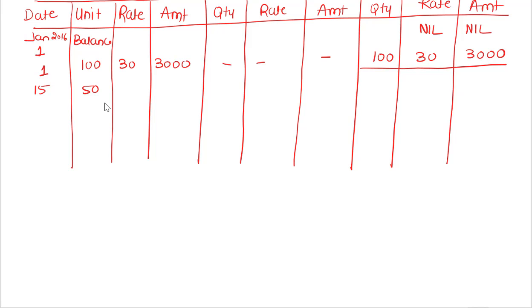Quite simple. 15 January, over here 50 is the issue at 30. 50 multiplied by 30 is 1500 would be the amount. The balance would be 50 units at the rate of 30, 1500.